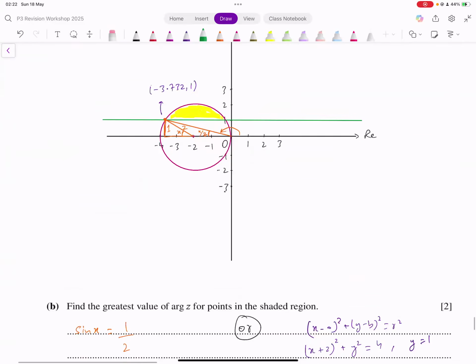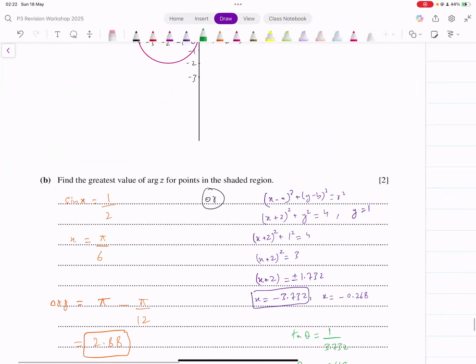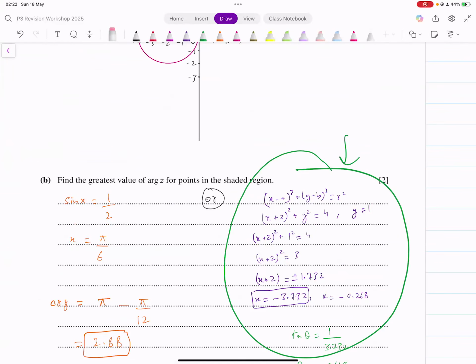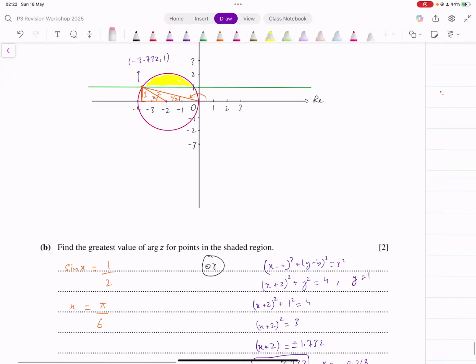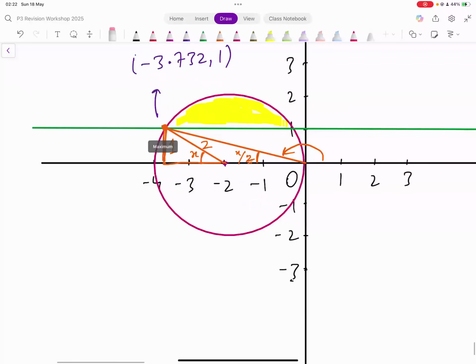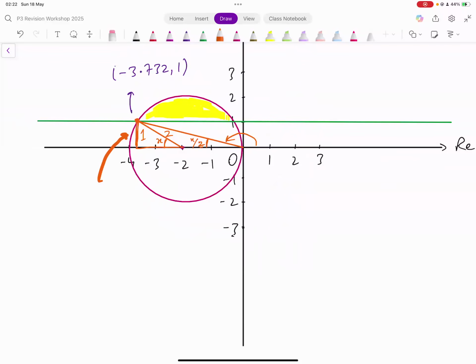You can either find that point using the equation of circle and then use that to find the argument, or you could use circle properties by making a right angle triangle like this and finding this small angle here, and then saying that angle at the circumference is half the angle at the center, and then find the argument by subtracting that number from pi.